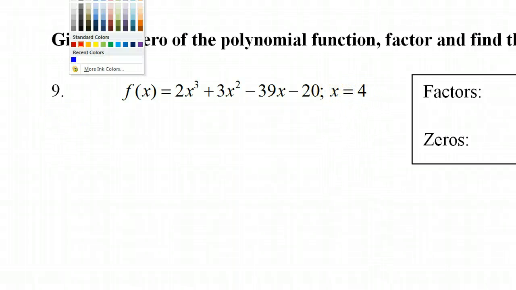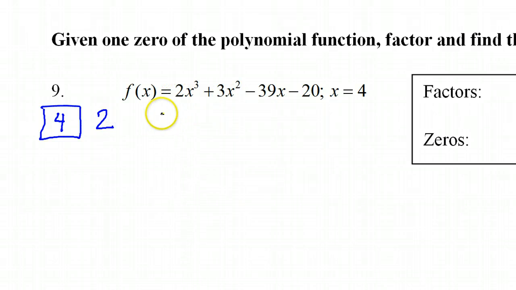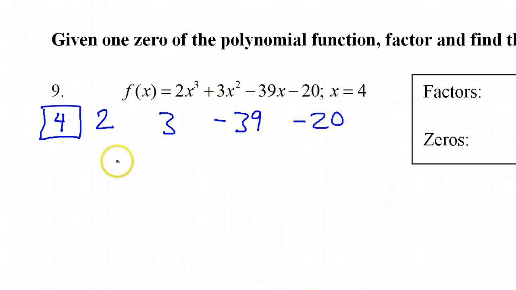So when I go to do my synthetic division, I'm not going to do the opposite of this or anything. This is the number that I'm going to use. So I will have 2 and 3 and negative 39 and negative 20.